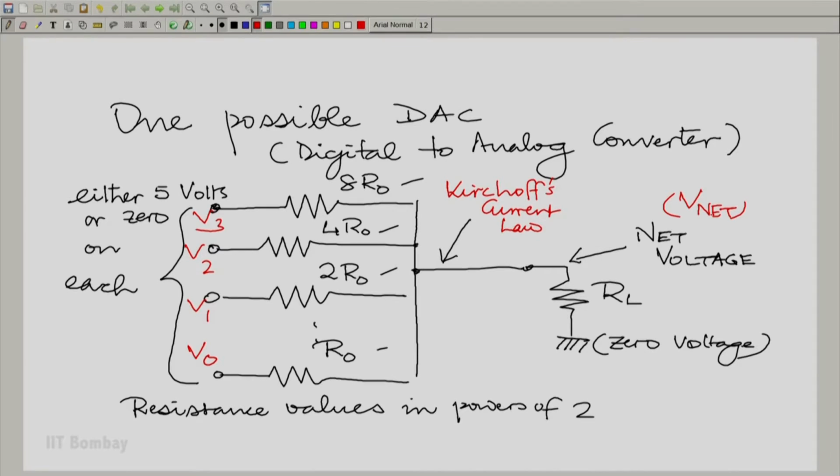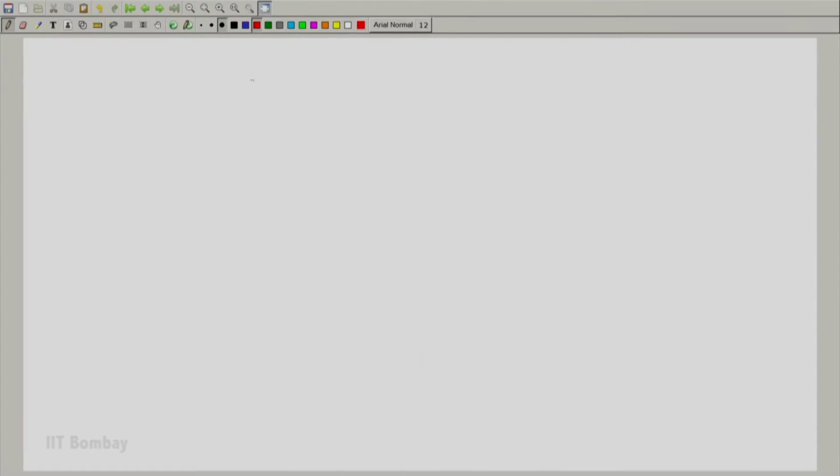It says that the net voltage as seen here would obey that the sum of currents coming in here must be 0. What does that say? That tells us V3 minus V net by 8 R0, that is the current. So, let me keep showing you one current after another. In fact, let us write down the current names as well, that will make it easier.